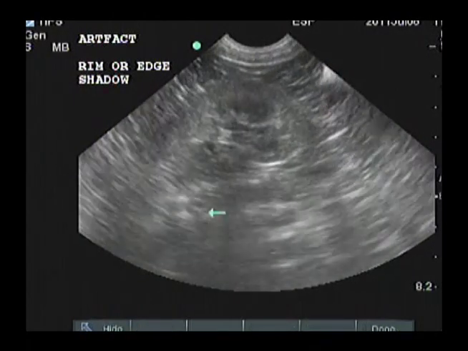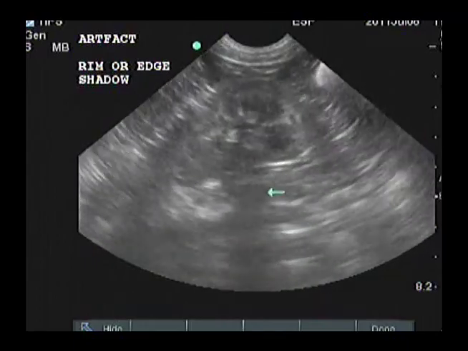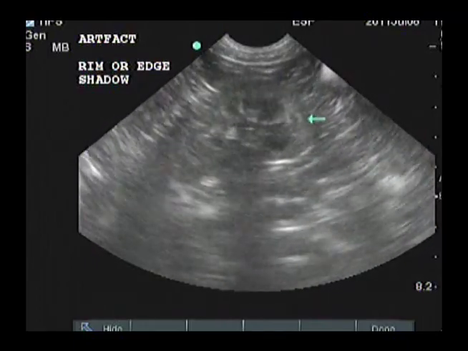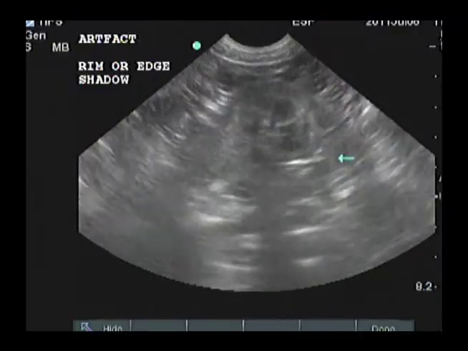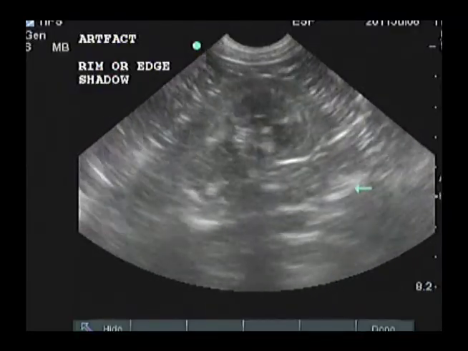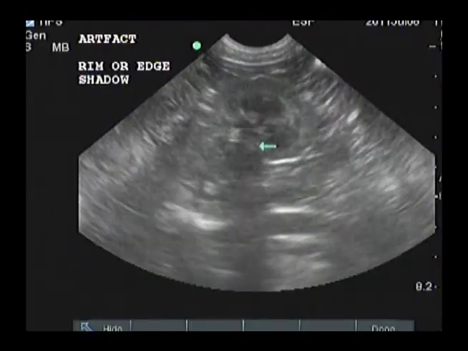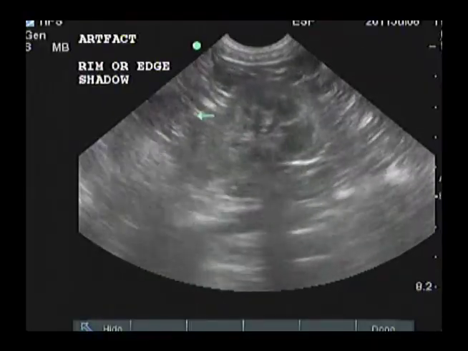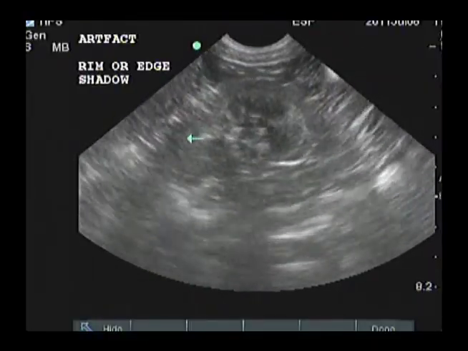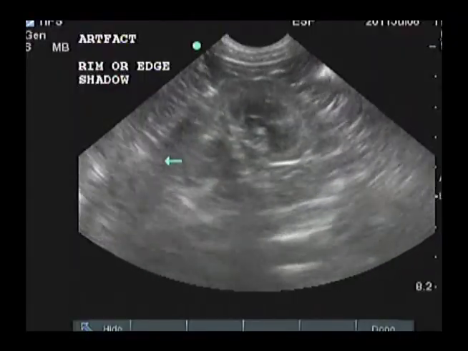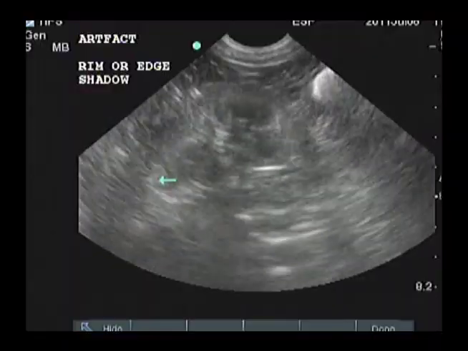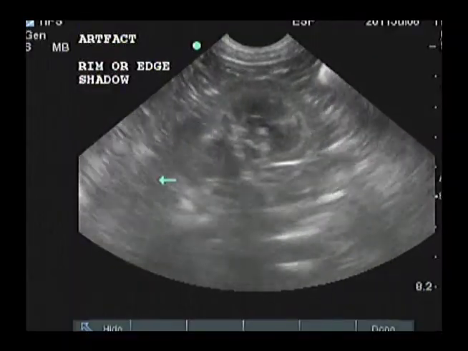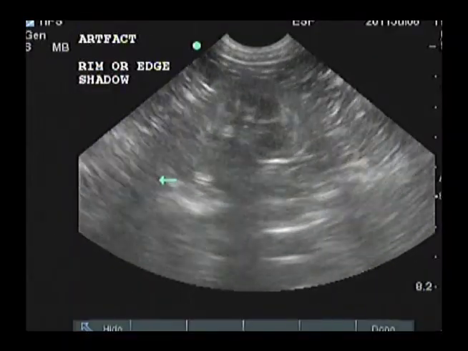A rim shadow, or edge shadow, occurs when the ultrasound beam is refracted rather than reflected by the curved edge of a structure. The kidney is a good example. Using a convex transducer with the kidney centered on the ultrasound screen, the ultrasound beam at the center of the kidney is reflected straight back to the transducer.